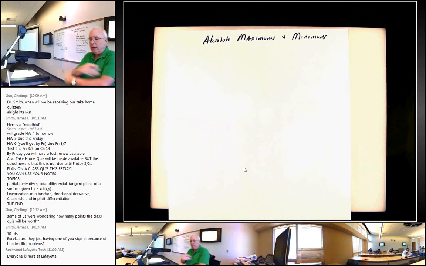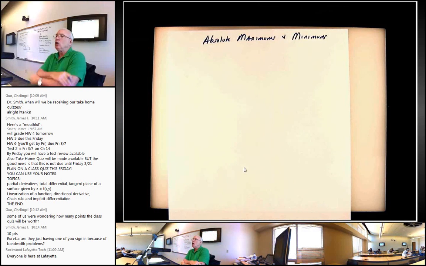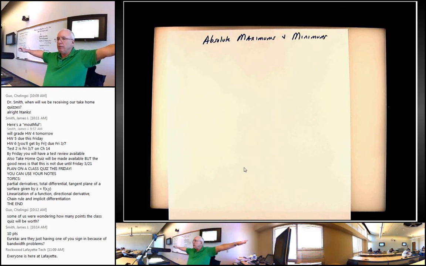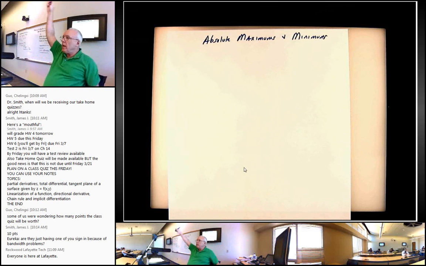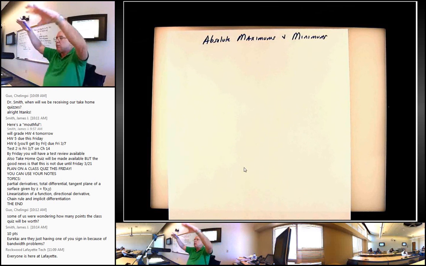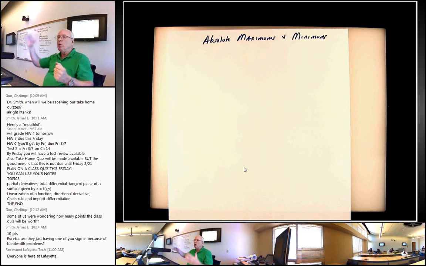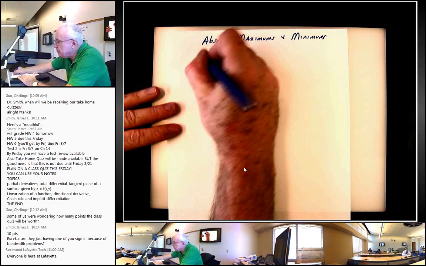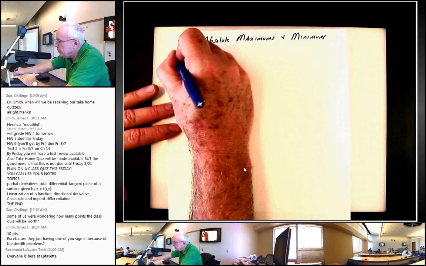Now, what we mean by this is looking at the entire domain of the function. If we're looking at a certain area, where does it have its biggest value? Where does it have its smallest value? Okay, I'm going to go back to a function of one variable again.